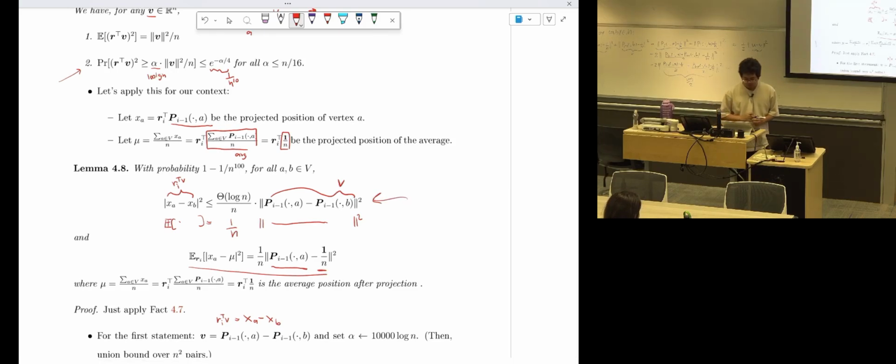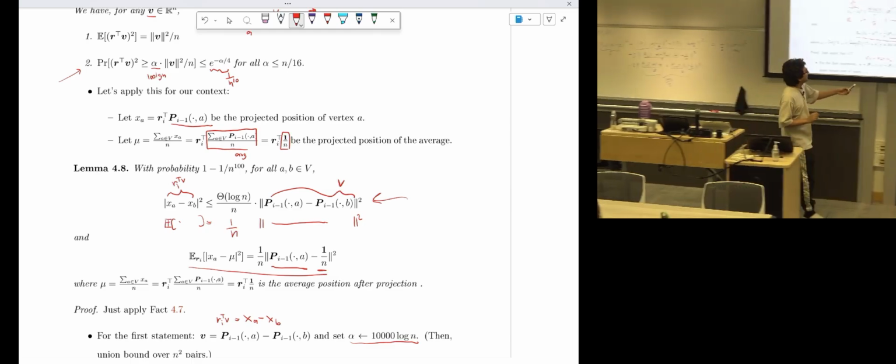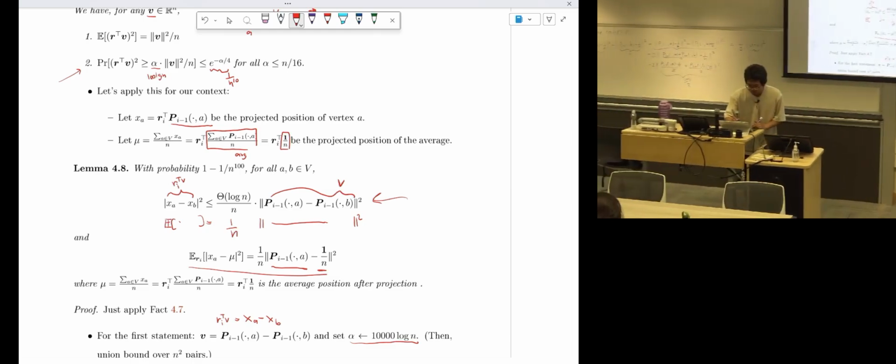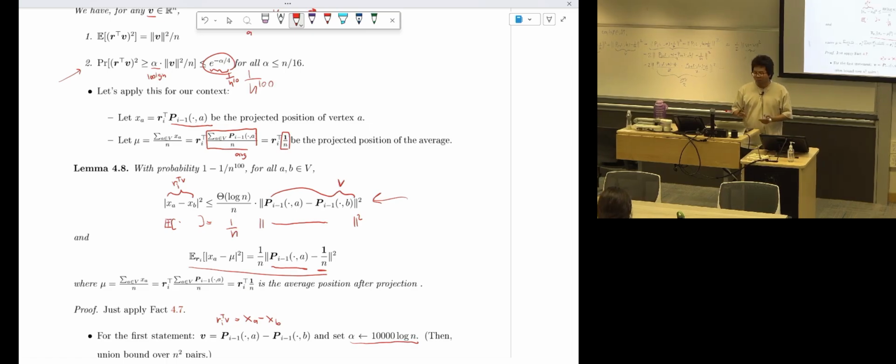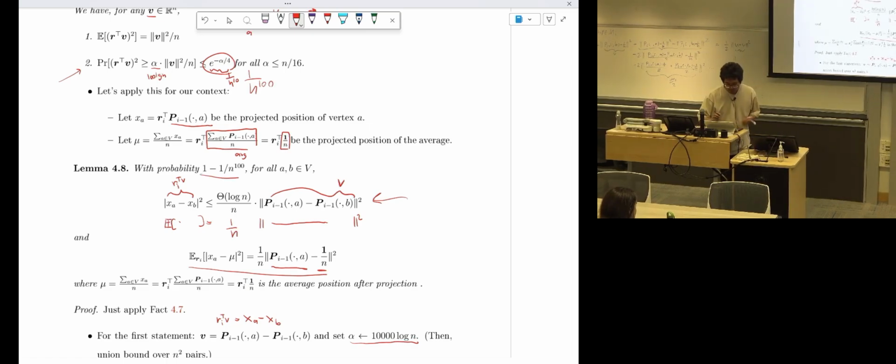Why? You basically choose alpha to be big enough, like 10,000 log n. Then the probability here is going to be tiny, something like 1 over n to the 100 or whatever. And then you can do a union bound over all n square pairs. So with high probability, you get this thing.